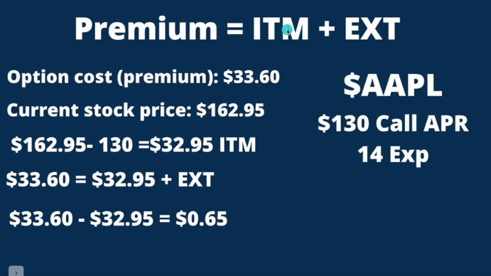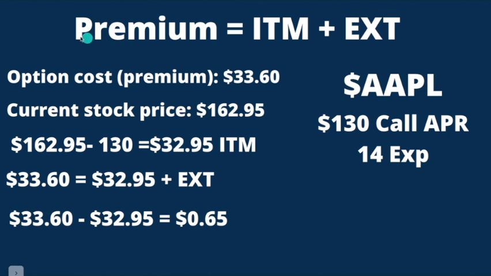To do that, we are going to take the price of the stock. Okay, stock's currently trading at 162.95. And then we're going to take the strike price. So what we get is almost $33 in the money.